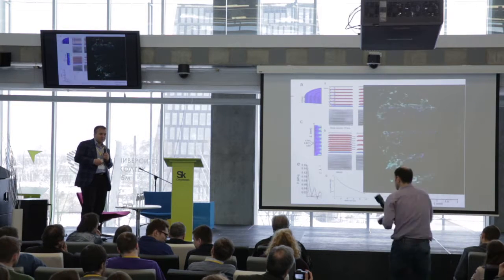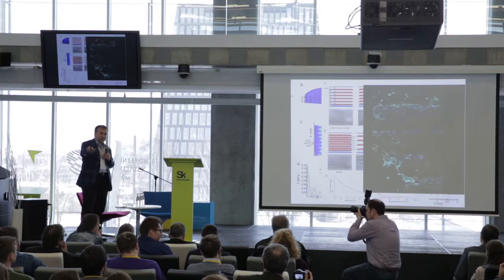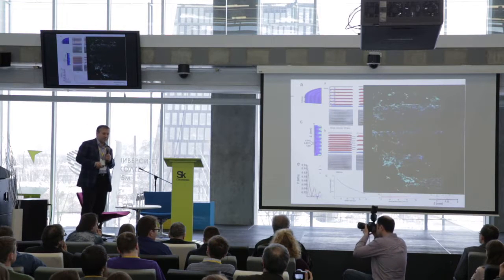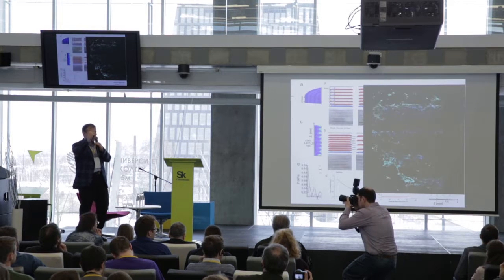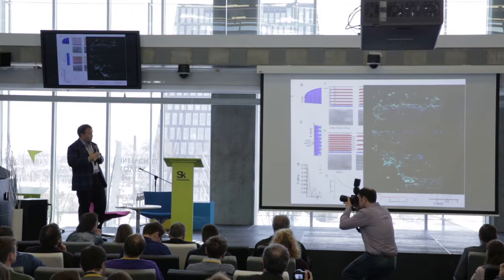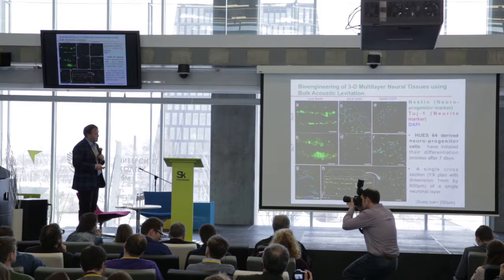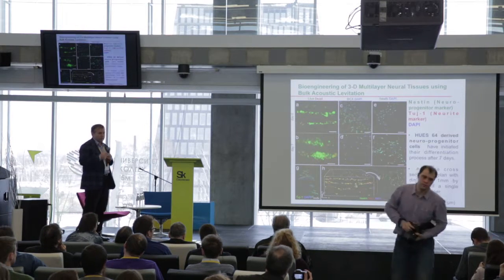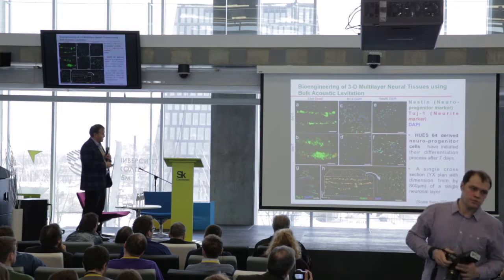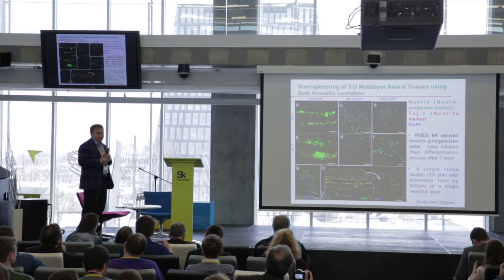That was interesting to us because we want to see how neurites are extended between these layers, and if we could create multi-layer constructs where we can now in Z very well control the distance between the layers and differentiate these cells also in these multiple constructs and study their function.